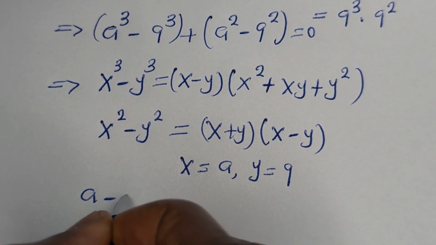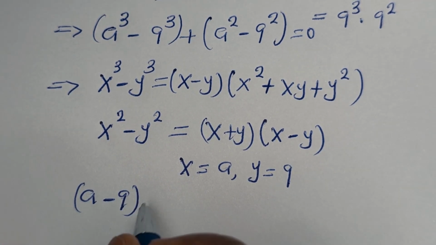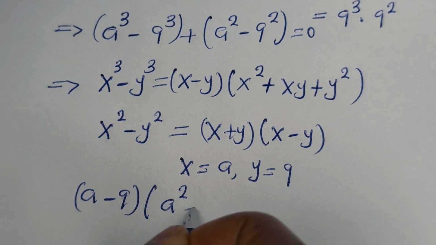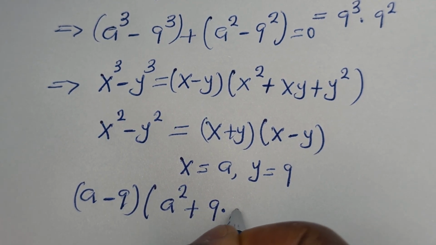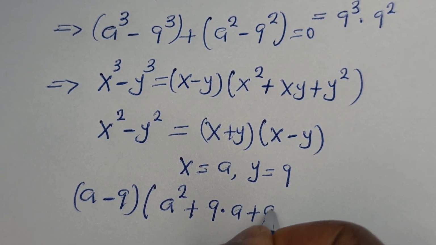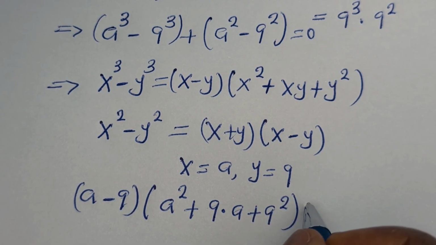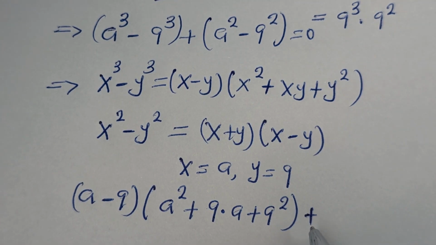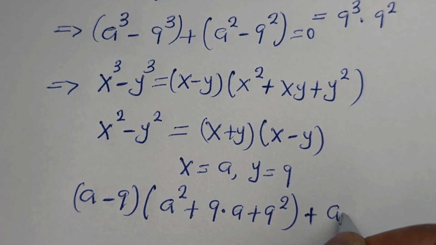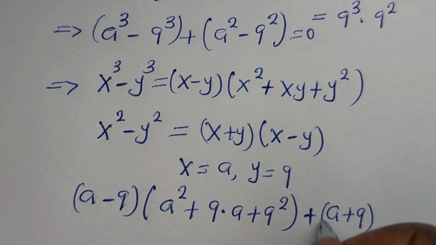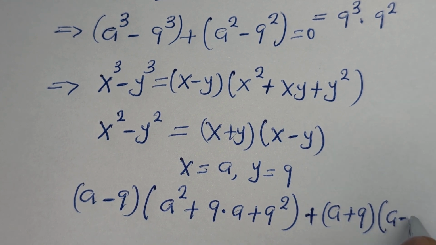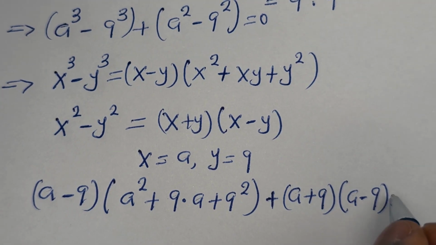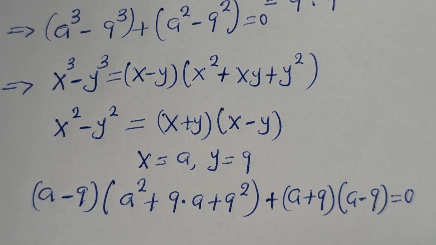a minus 9 bracket a square plus 9 multiplied by a plus 9 square, plus a plus 9 bracket a minus 9 is equal to 0.